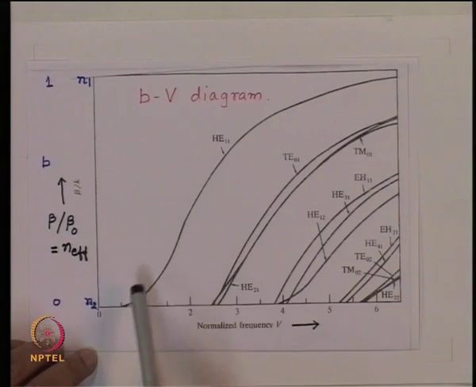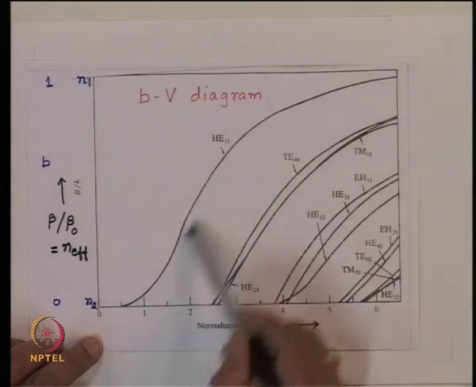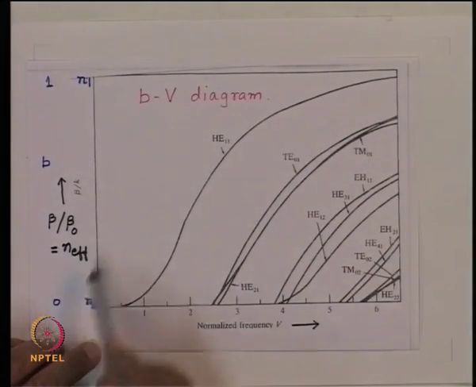So, ideally we should choose a V number which will make the N effective as close to N1 as possible, because that gives you more and more confinement to the core. So, if I look at this diagram here, ideally it means that I should use a very large V number, so that this curve here is very close to N1.